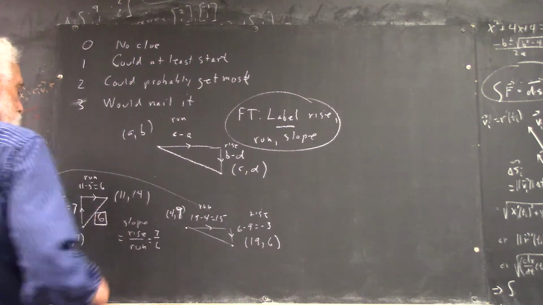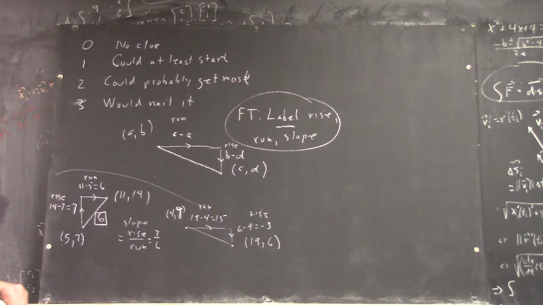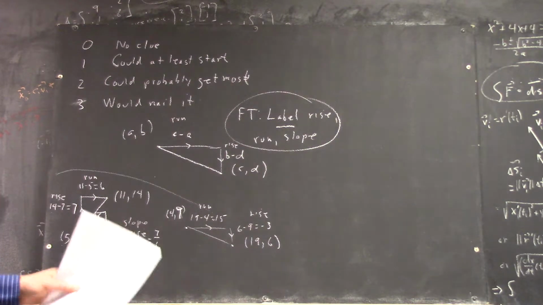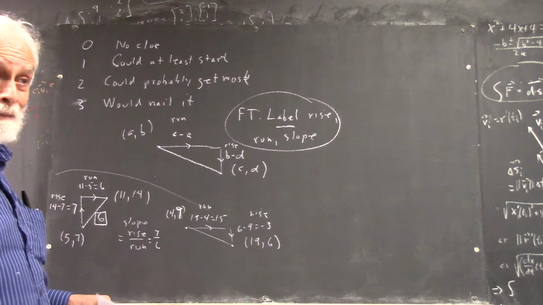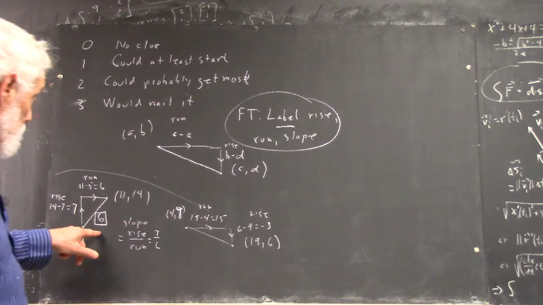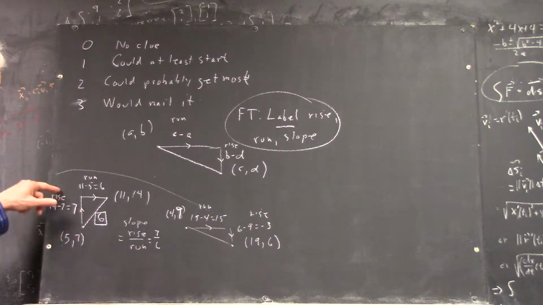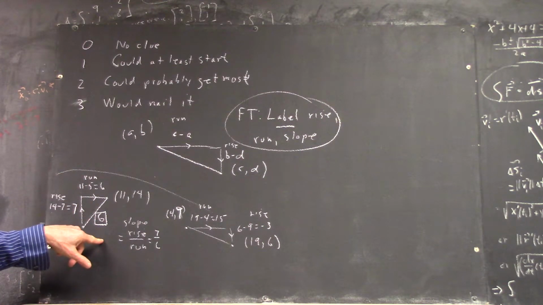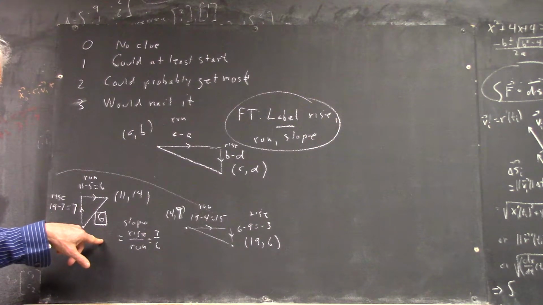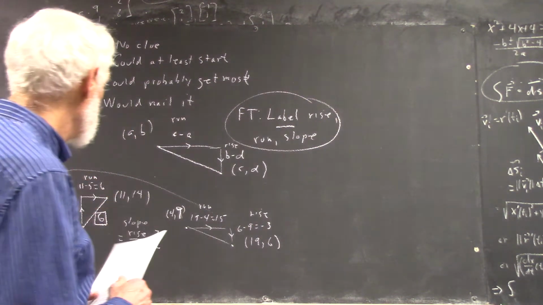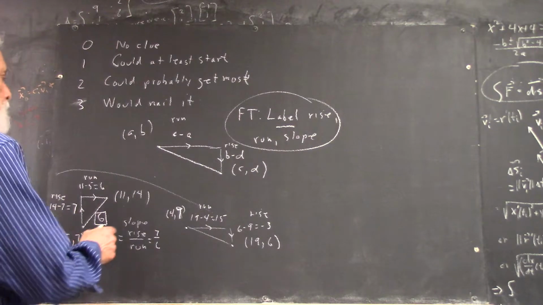I put a rectangle around it to indicate that it's a slope. That's a convention we're going to use. It's only in this class. If you do that out in polite society, nobody will know what you mean unless you define it. But in this class, when we do the fundamental triangle, it's going to be labeled like this. Make sense? A couple other things we label, but so as not to confuse the issue.